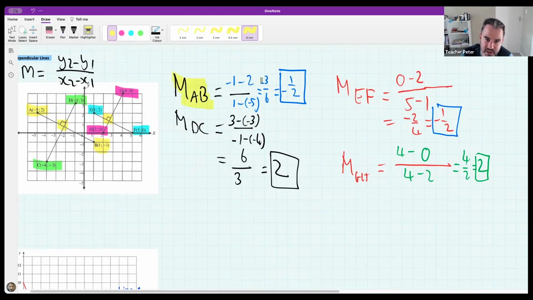The gradient of AB is -1/2, and the gradient of EF is also -1/2. So there are two that are the same.